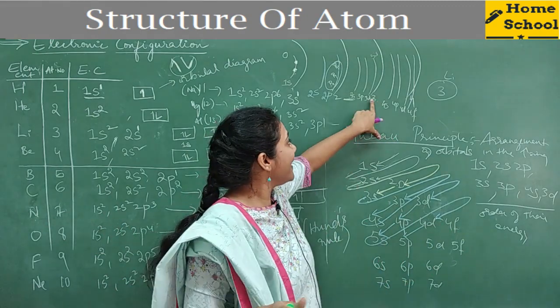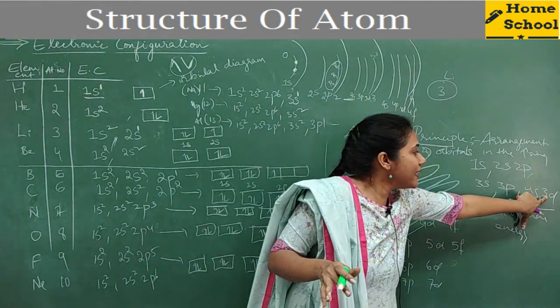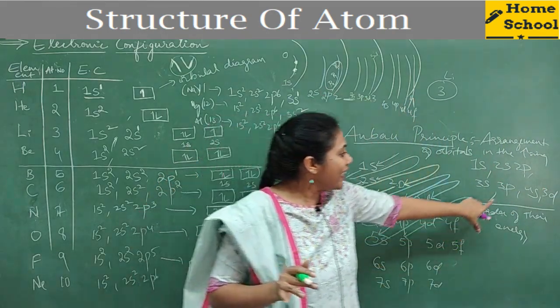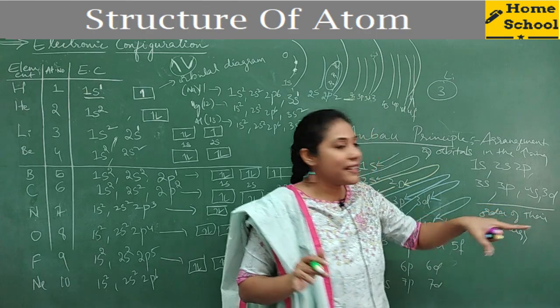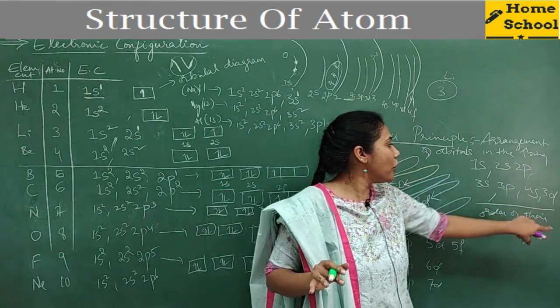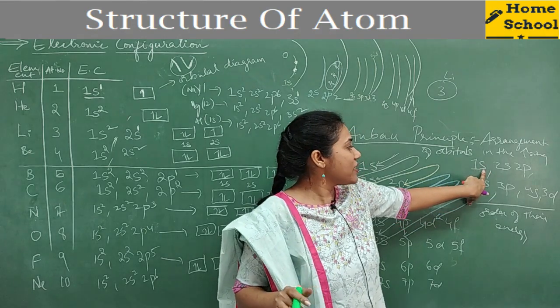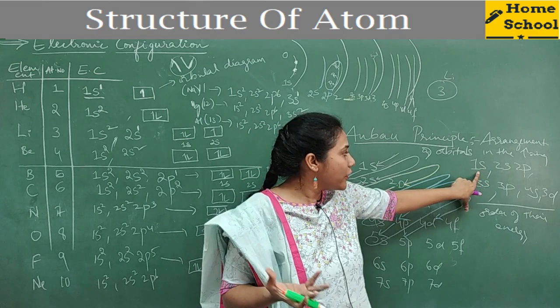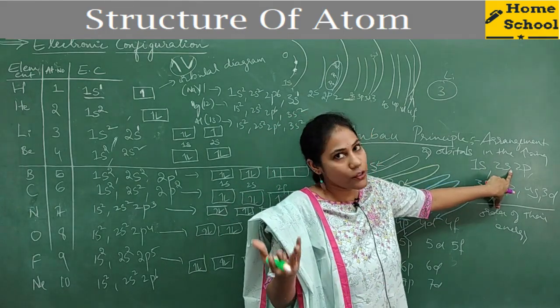Every d subshell will have a capacity of 10 electrons. Till 10 you can go on filling. Every f subshell has a capacity of 14 electrons. This order you have to follow, and you must know which subshell has how many electron capacity. 1s has only 2 electron capacity, 2s has 2 electrons.